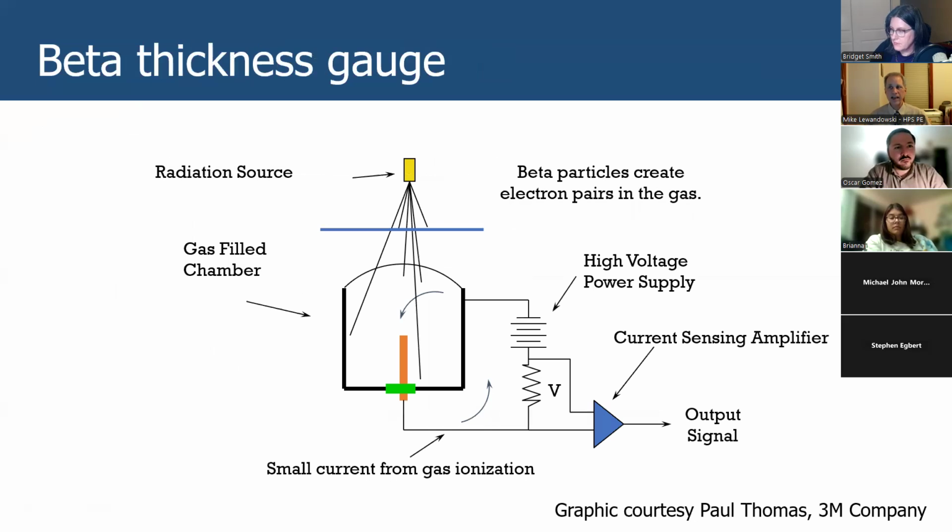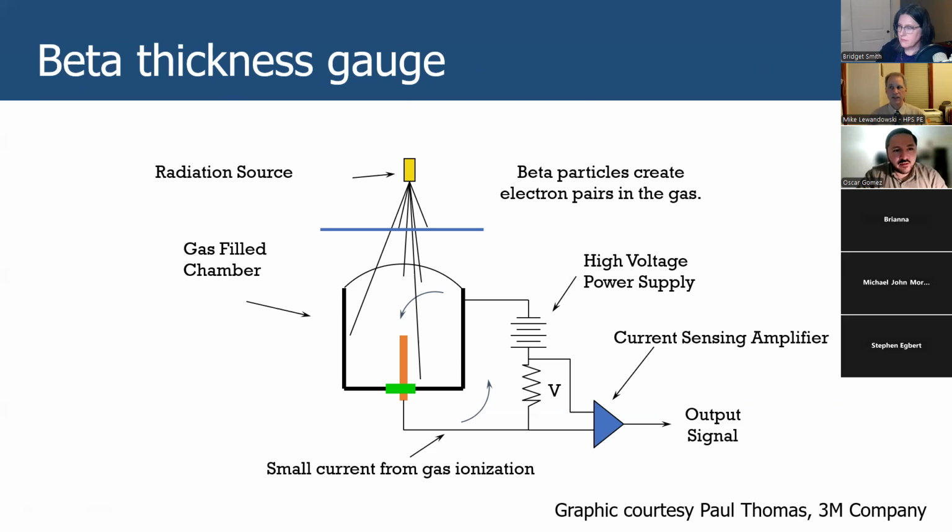So let's take a beta thickness gauge. In this case, we're starting with a radiation source, something that emits beta particles. Those beta particles transmit through some material we want to measure, this coated material, into a gas-filled detector, typically an ion chamber. As the beta particles ionize the gas, the applied voltage attracts the ions to a central cathode.